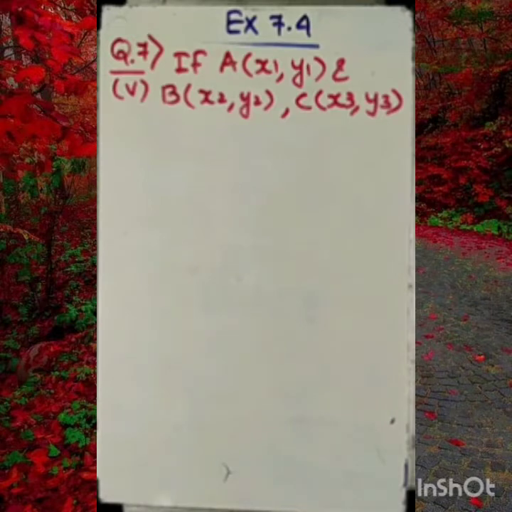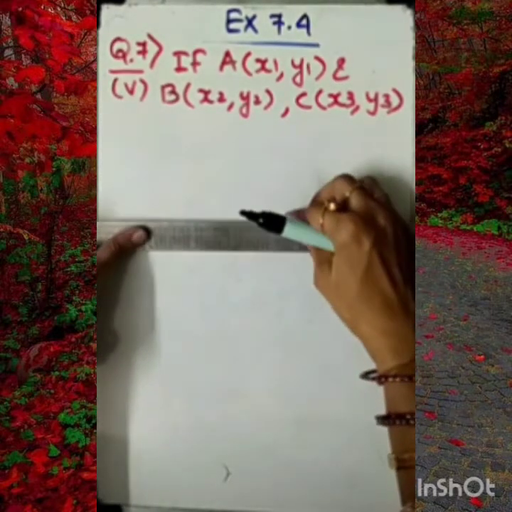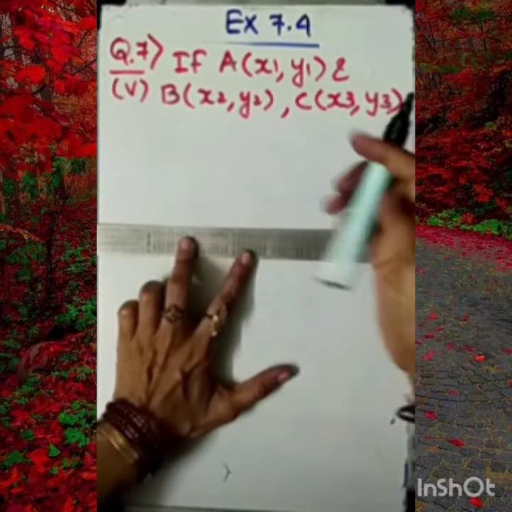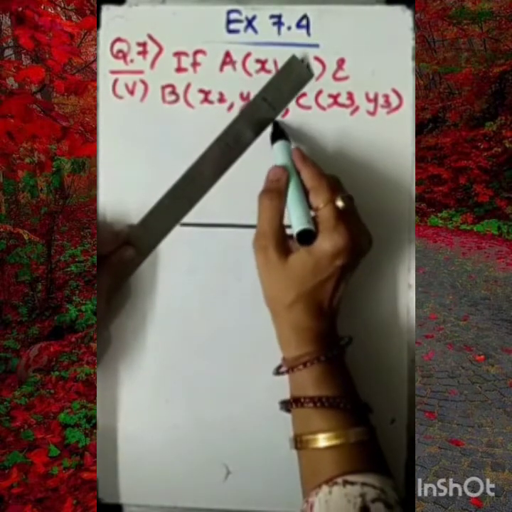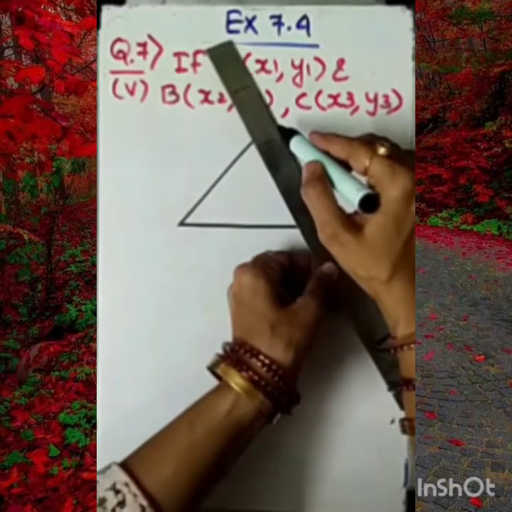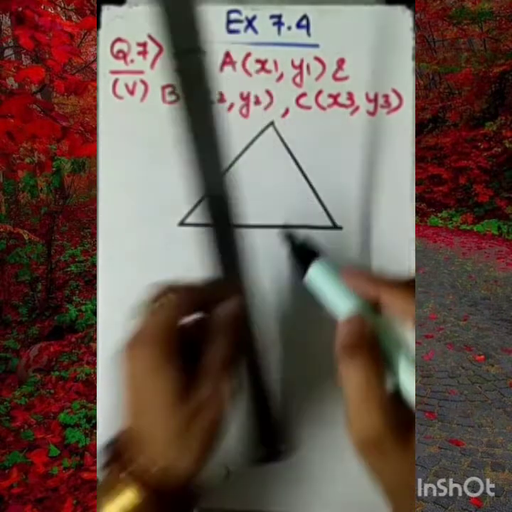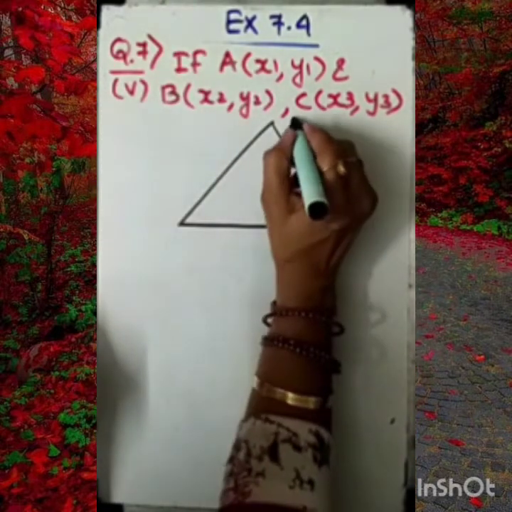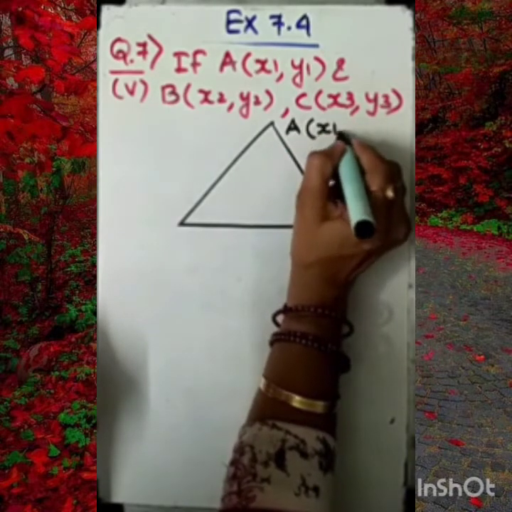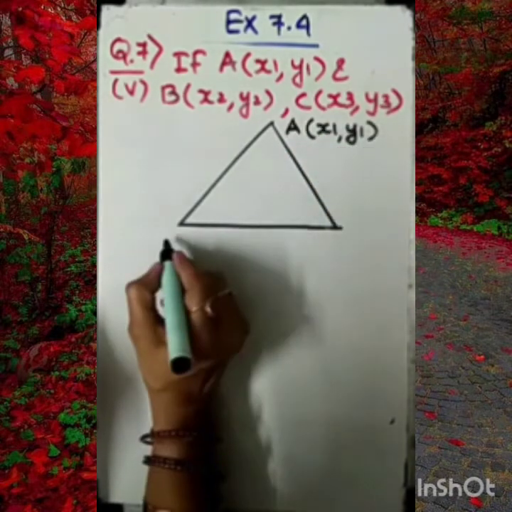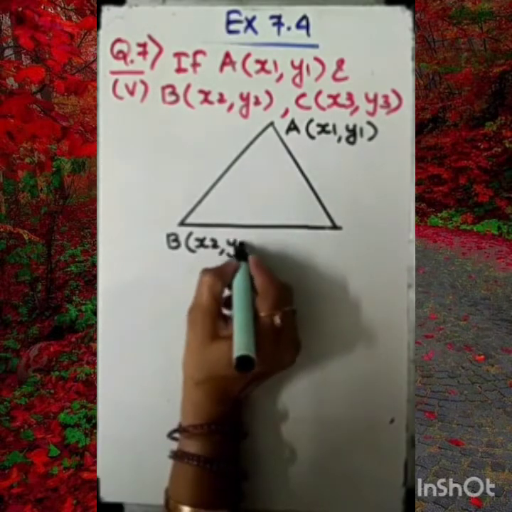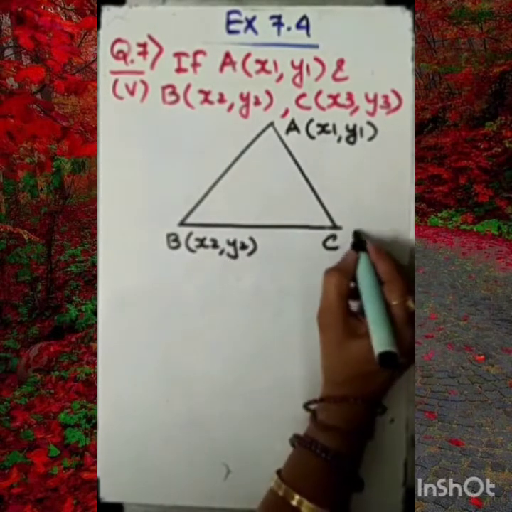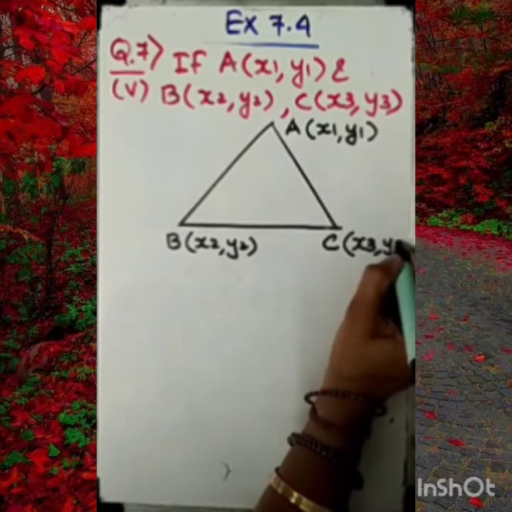Let's begin. Let's draw one triangle here. For better understanding, I am drawing one triangle and let me call it ABC. So here A point, its coordinates are x1, y1, which we are already given. Here B has coordinates x2, y2, and this is C point, its coordinates are x3, y3.